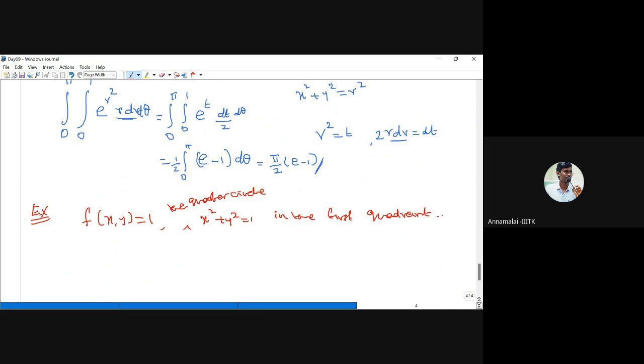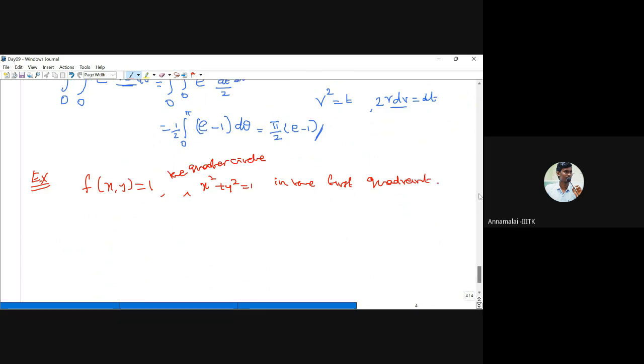Okay, now what is the area? Sorry, what is the volume? So therefore, you have to draw the picture. It's a unit circle, but should be in the first quadrant. Therefore, the graph should be like this. Only the quarter circle of this first quadrant. This is 1, and this also 1. This is 0.